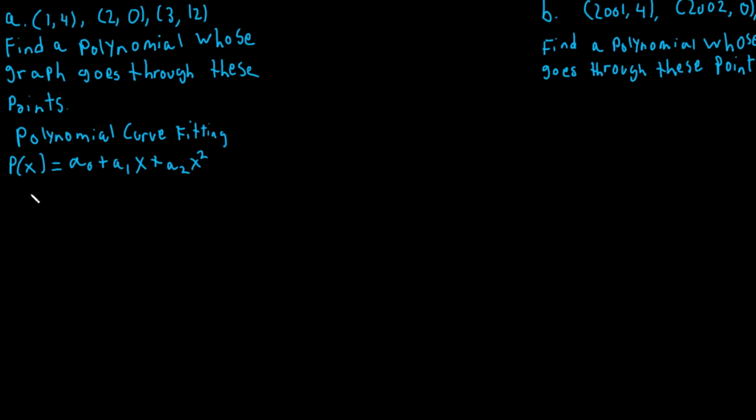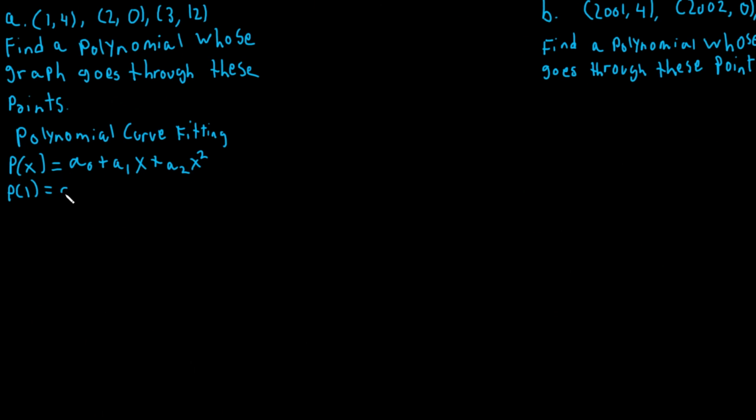So we have to have the same number of equations as the number of points we have, and to do that, we use each point to create an equation. The first point that we have right here has an x value of 1. So we would use p of 1, since x is equal to 1, and substitute it in for every x position in this function.